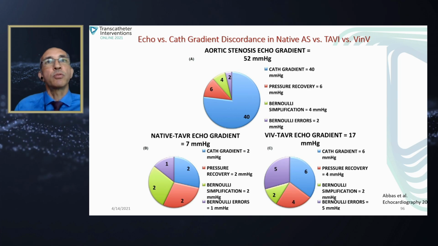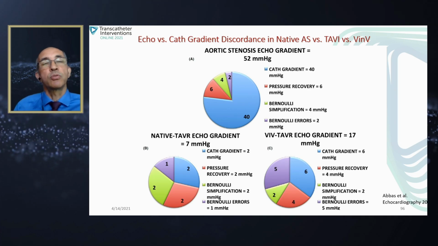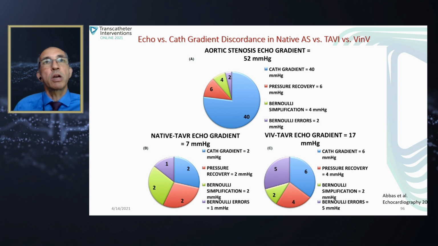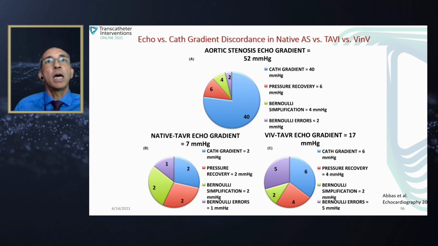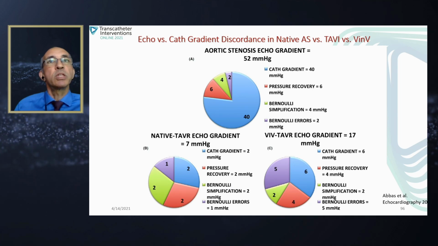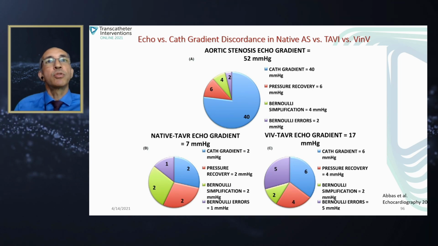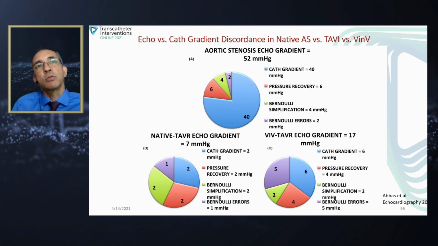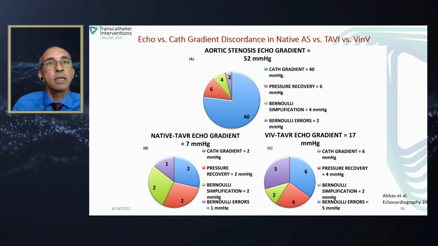So this is a 12 millimeter absolute difference, essentially due again to pressure recovery and the Bernoulli formula. But it doesn't necessarily change the grading of AS severity per se. So in absolute terms, yes, there is a difference. In percent and relative terms, it is not that clinically relevant.